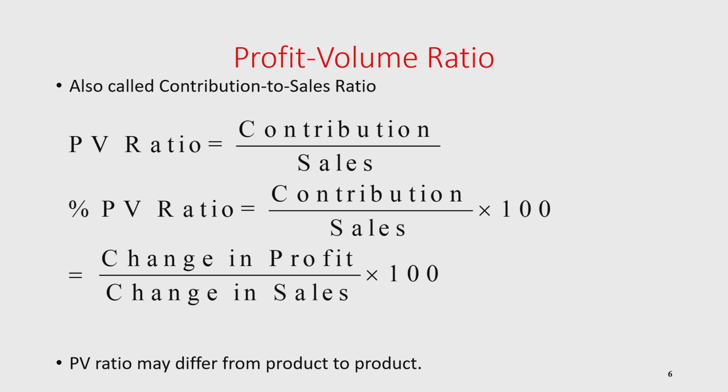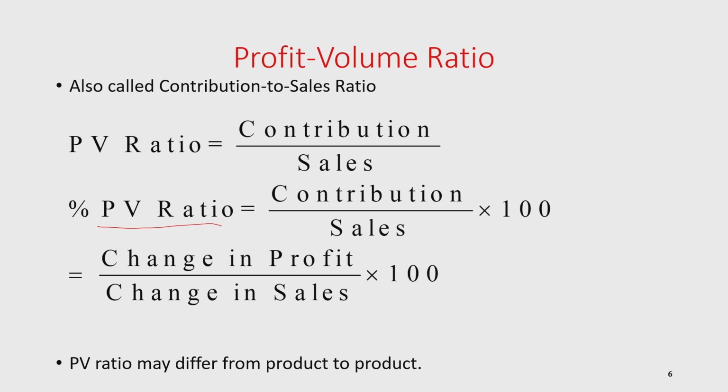Usually in most cases PV ratio is expressed as a percentage, but when you use it in the formula you have to be careful and put in a fractional value.